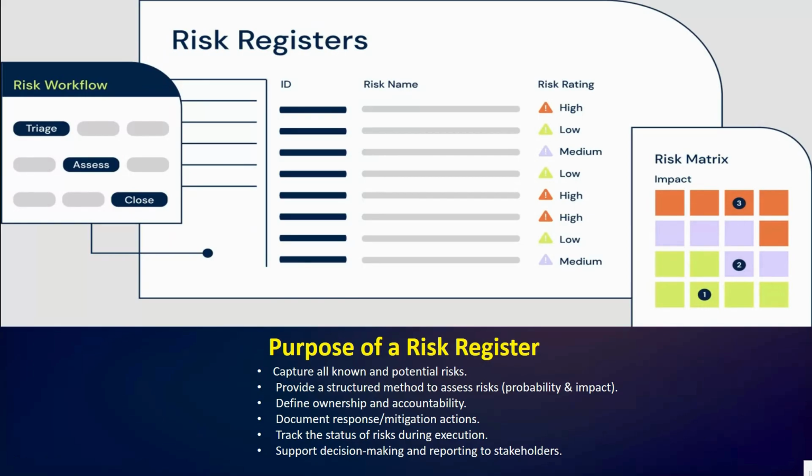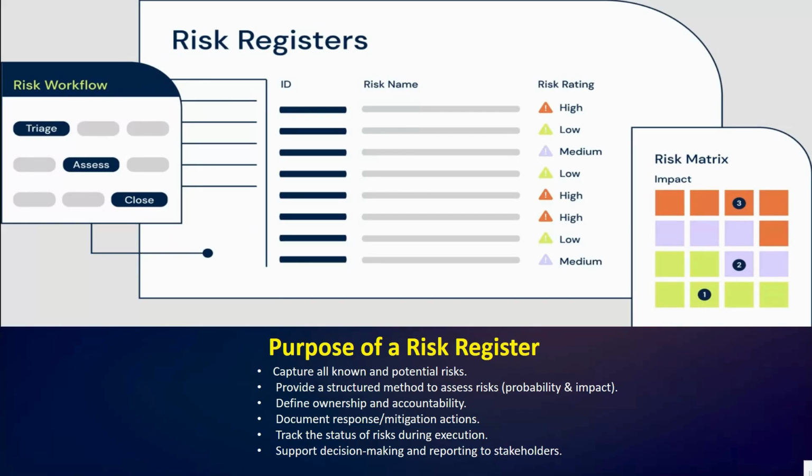The risk register is also a document of the response and mitigation actions. This means that for every risk we don't just identify the problem, but we also record how it will be managed, whether it is avoided, transferred, mitigated, or accepted.